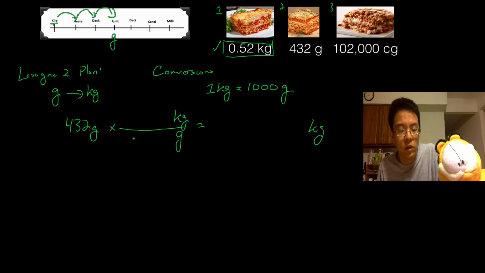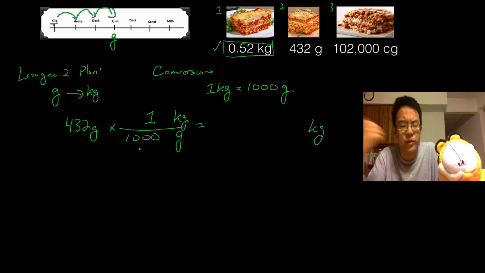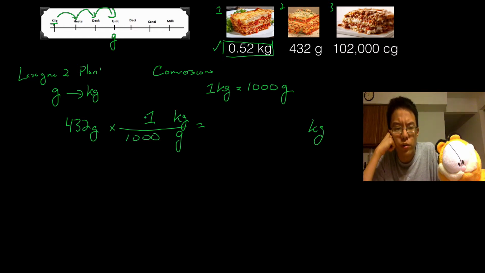I have the conversions. I know my relationship between kilograms and grams. So I see 1 kilogram here, so I'm going to plug that here with the kilogram. 1 kilogram per 1,000 grams. Awesome. So I take my 432 times 1 divided by 1,000, which is 0.432 kilograms.